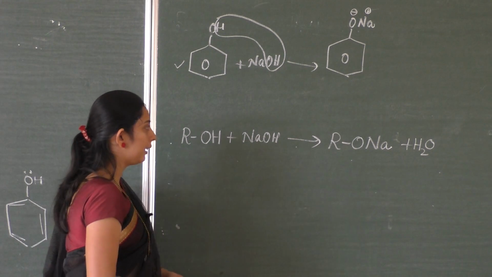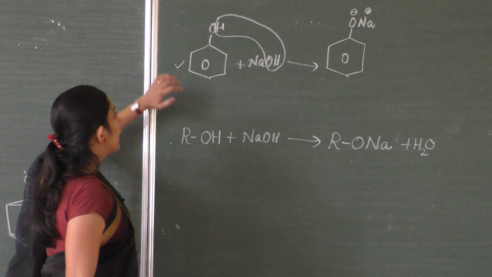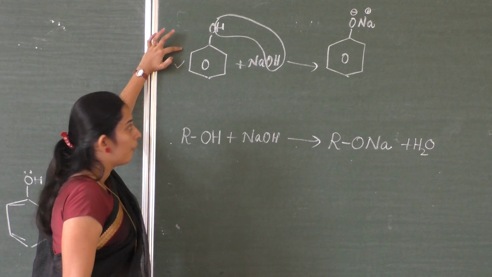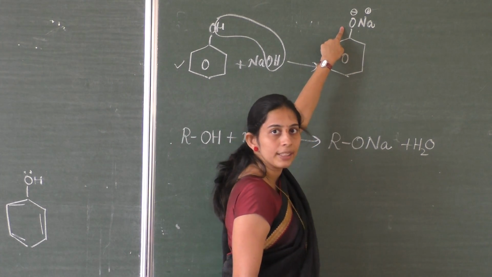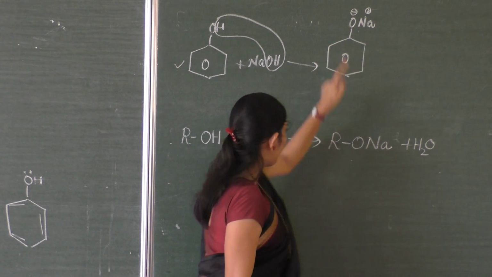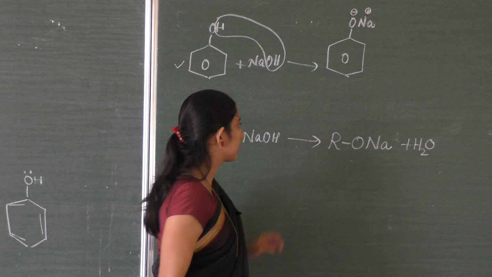The reason behind this is, in phenol, when it reacts with the base, formation of phenoxide ions takes place, whereas here it forms an alkoxide ion.